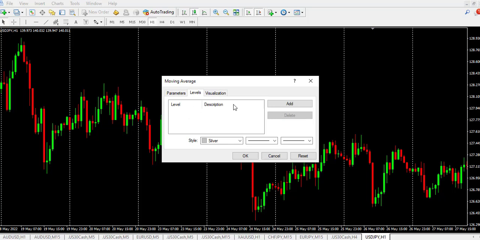So the first thing you are going to do is click add, and we are going to add 30, click add again, minus 30, click add again, then 60, click add again, then minus 60, and click add again, then 90, then minus 90, and click OK.